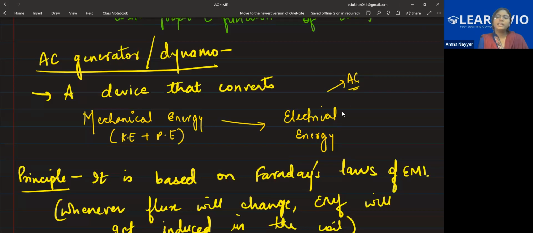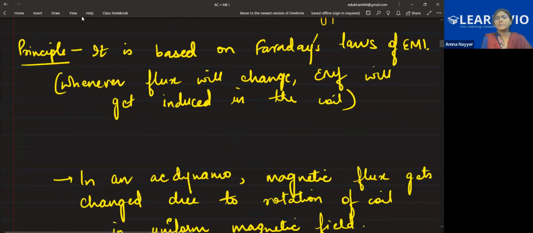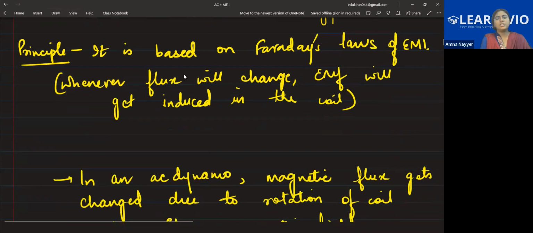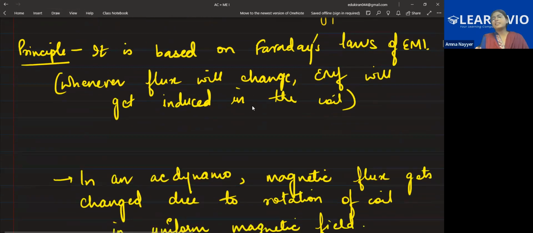Now, it is based upon Faraday's principle. Faraday's law, Faraday's principle, we'll be discussing in detail. For that, you should just know, Faraday's law said that magnetic flux basically means the number of magnetic field lines which are crossing an area perpendicularly.